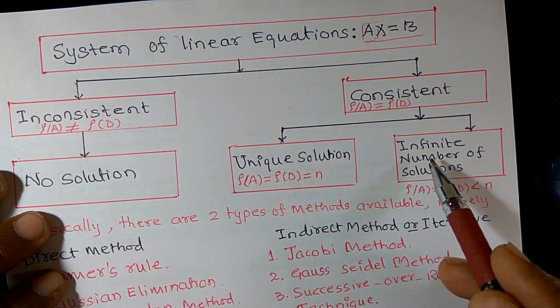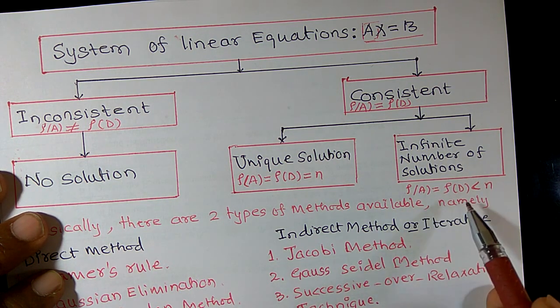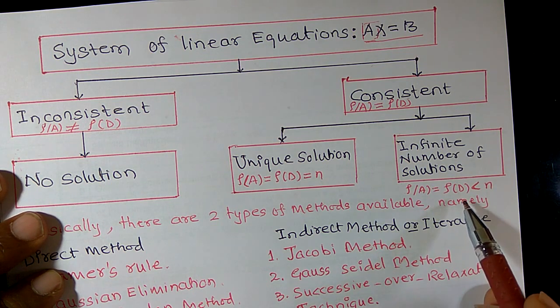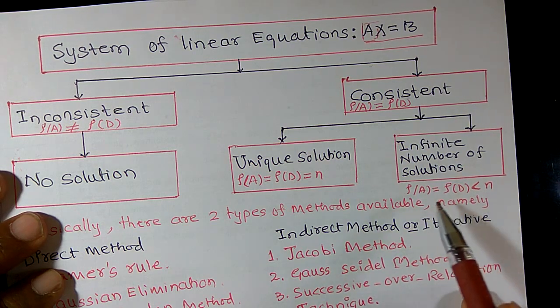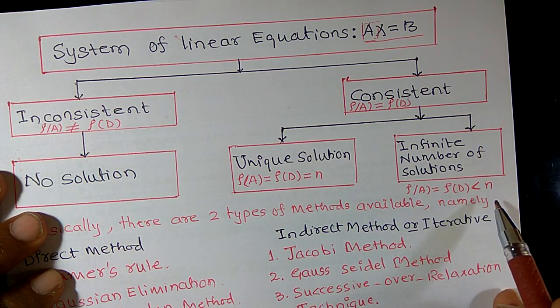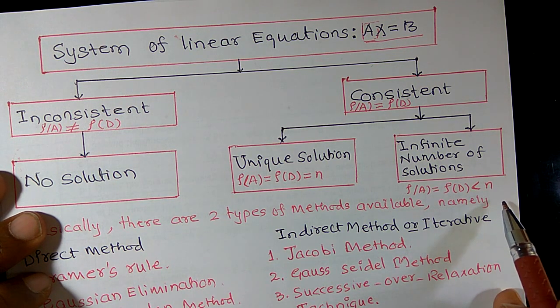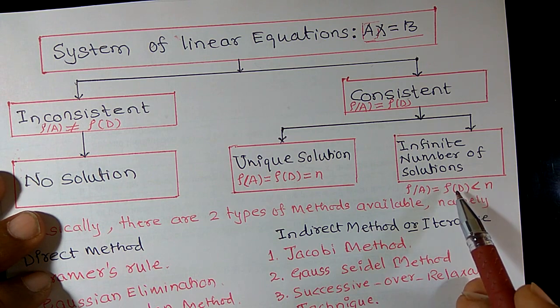Otherwise, you will get infinitely many solutions. For infinite solutions, the rank of A is equal to the rank of the augmented matrix, which is less than the number of unknowns. For example, the rank of A is 2, the rank of the augmented matrix is 2, and there are 3 unknowns. In that case, you will get infinite solutions.